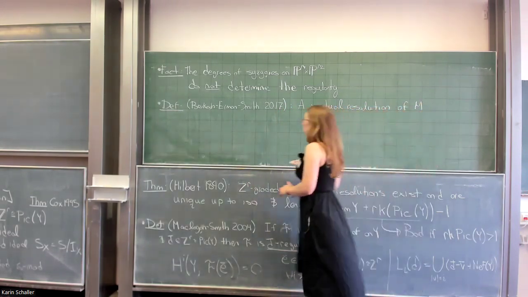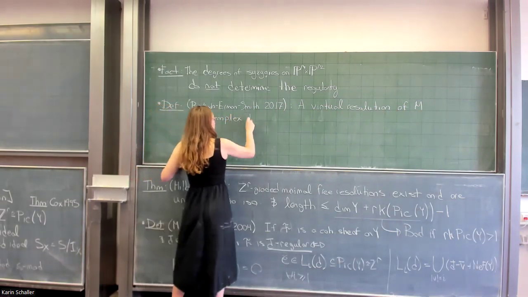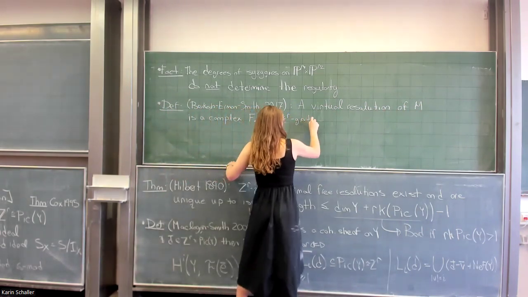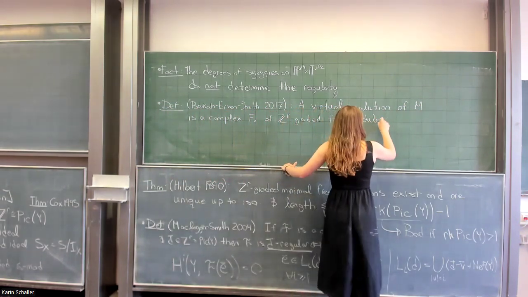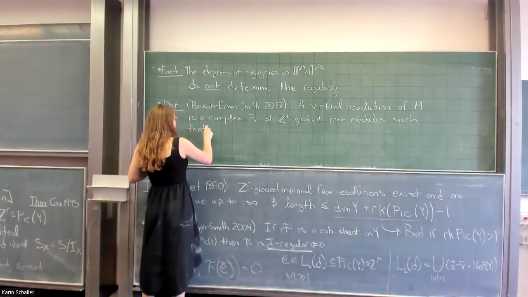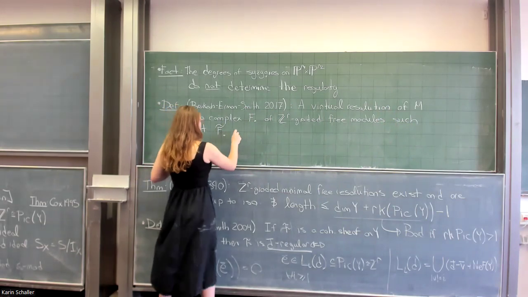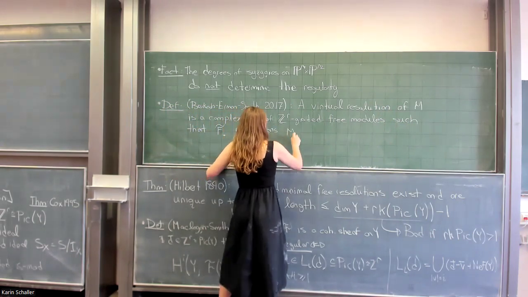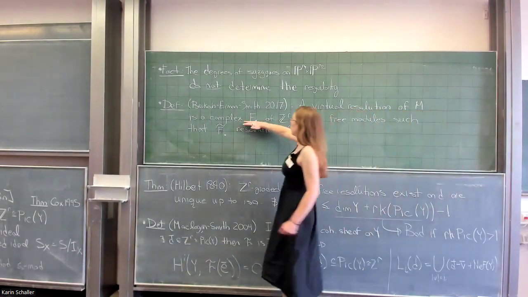A short resolution of N is a complex F dot of multigraded free modules such that when I take the corresponding complex of sheaves, this is a resolution of the sheaf corresponding to N. So, put differently, that F is just a complex.